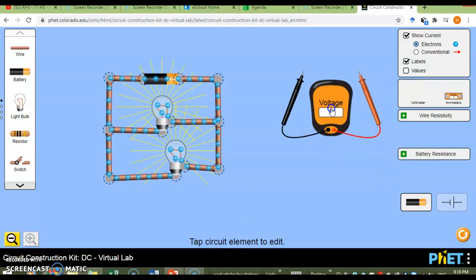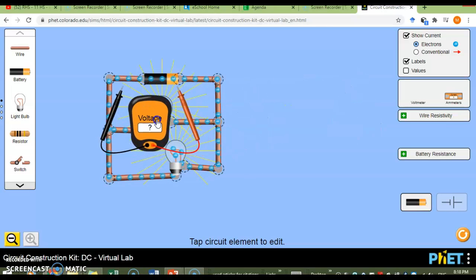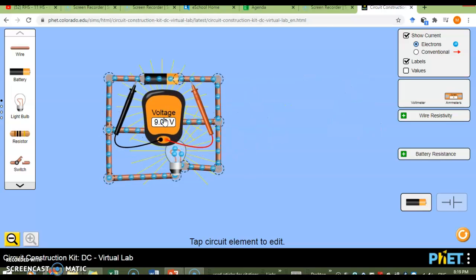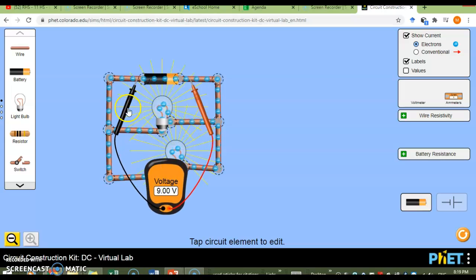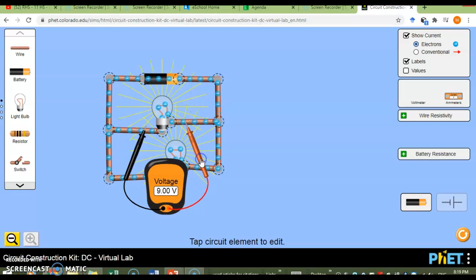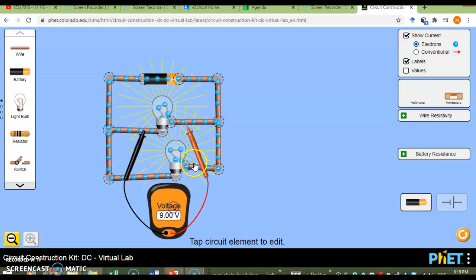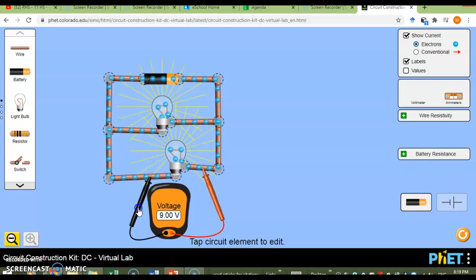So using the voltmeter, measuring the voltage across the battery, it is equal to 9 volt. Measuring the voltage across U1 is 9 volt. Measuring the voltage across U2 is also 9 volt. This means that the voltage in parallel grouping is unique. It's the same.